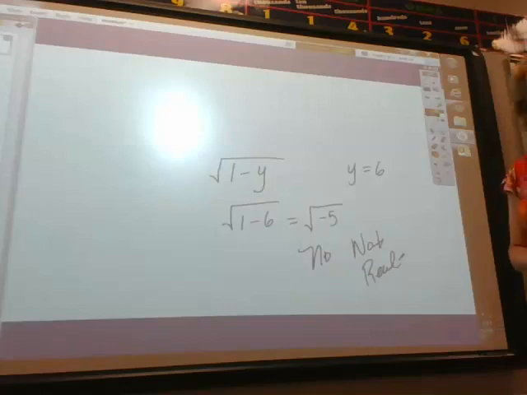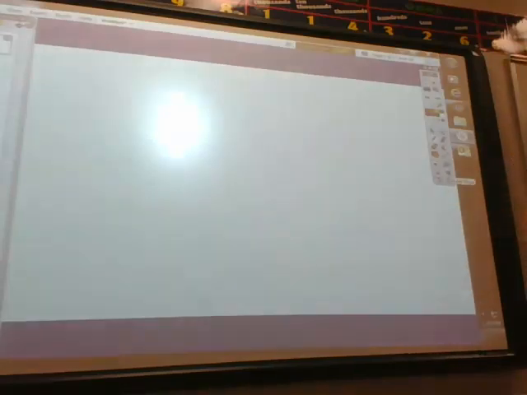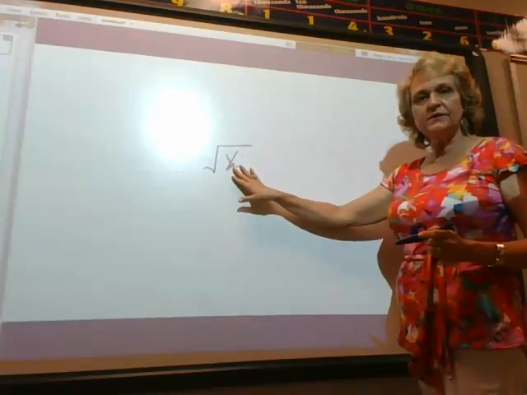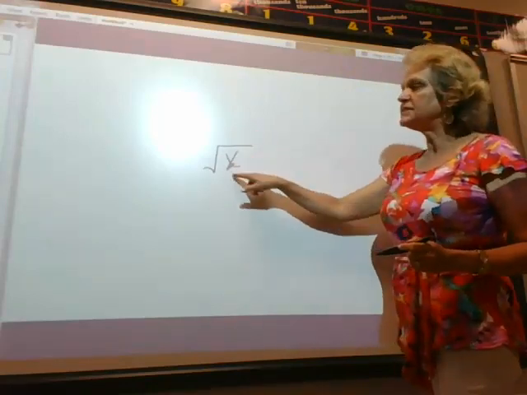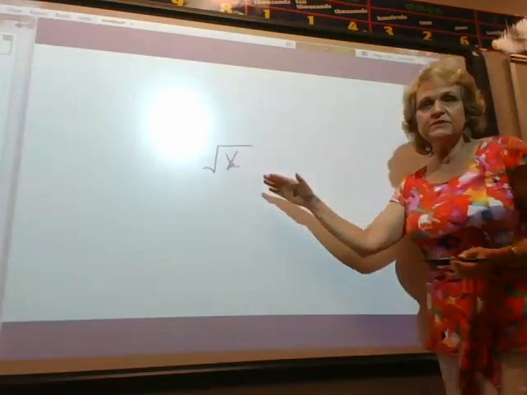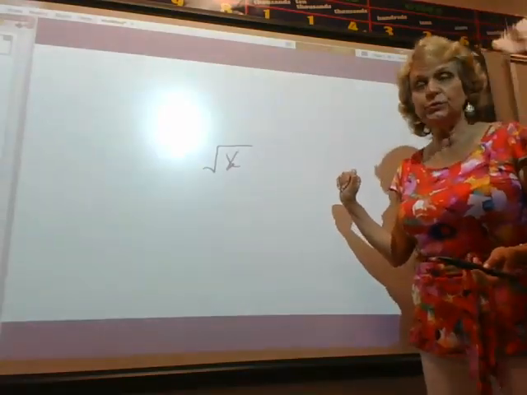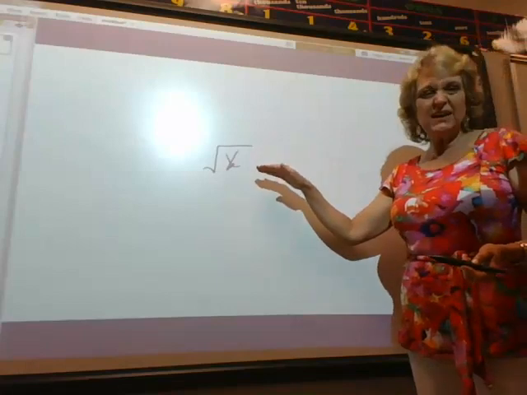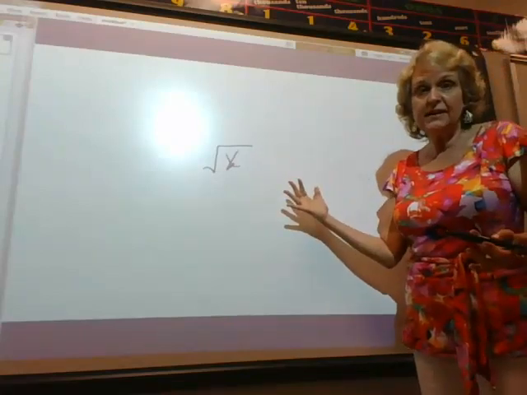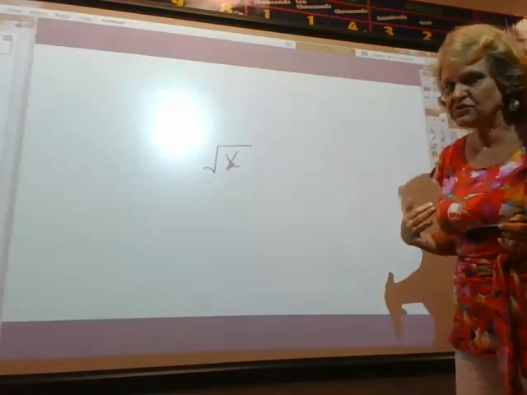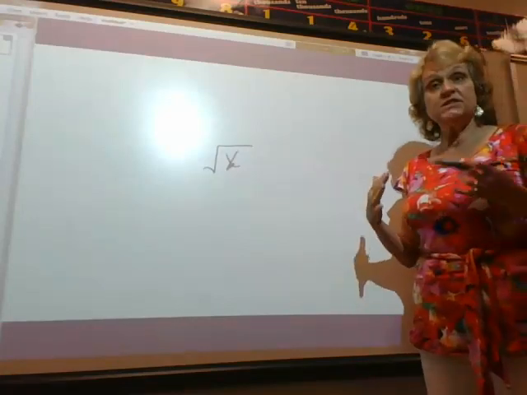Looking at example 2, it says, determine the values of x that make each expression a real number. Again, we have the radical of x. So this number could be 0, right? The square root of 0 is 0. It could be 4. The square root of 4 is 2. If it were 3, that's okay. We would leave it because we don't have a number that comes out. It's irrational, but it's still real.